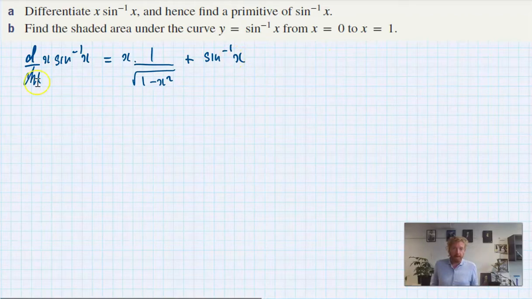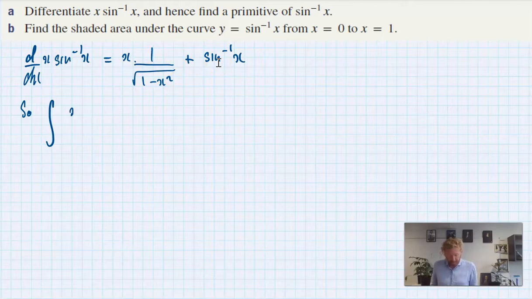Okay, so I've got this, and I want to find the integral of that. The derivative of this is this, so the integral of this is this. So I integrate the right-hand side, and I'm going to split it: the integral of that plus the integral of that. The integral of x on square root of 1 minus x squared dx plus the integral of sine inverse x dx equals x sine inverse x.